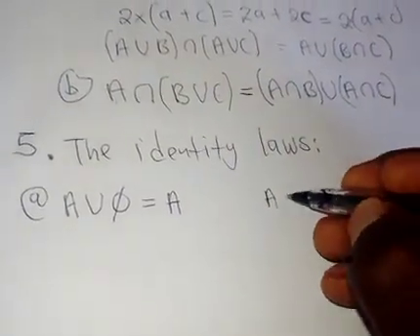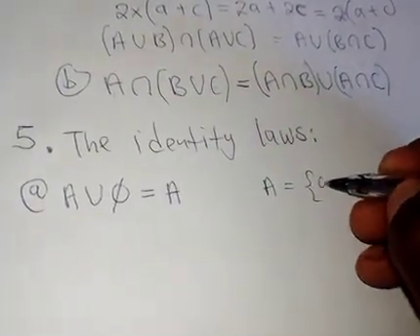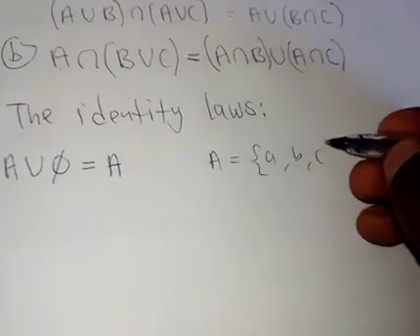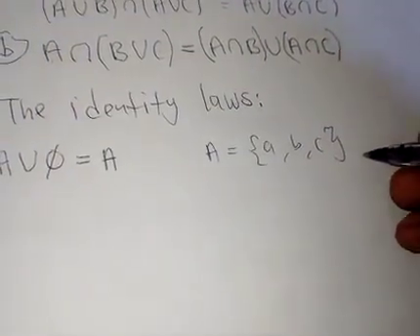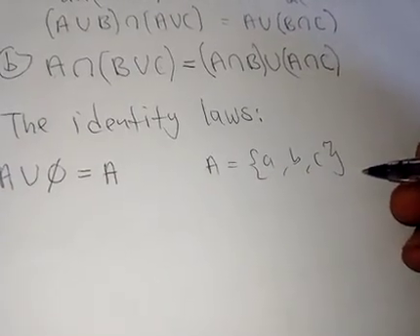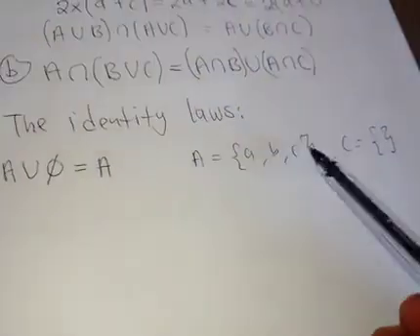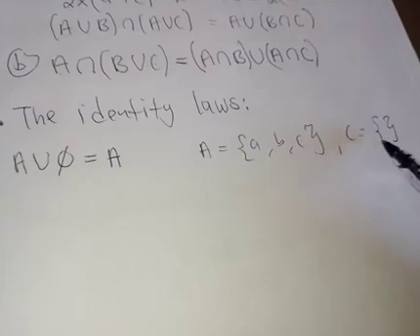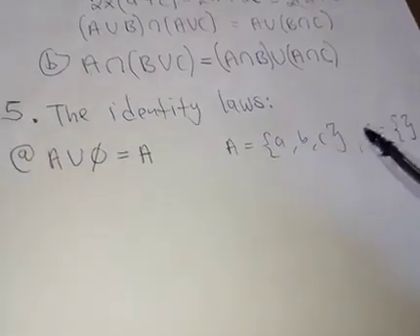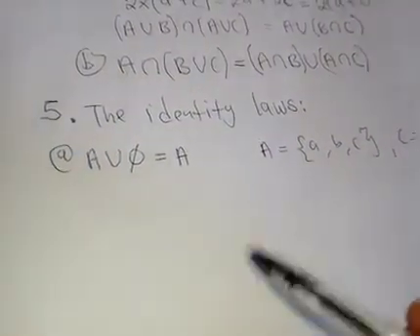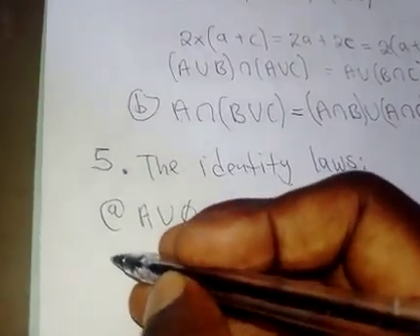Otherwise, if you have set A equals A, B, C, and another set C, which is an empty set, what is the union of these sets? A union empty set, you simply get the set A itself. So A union of empty set is the set A itself.